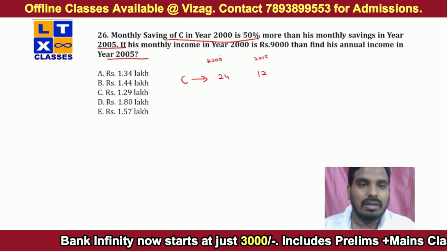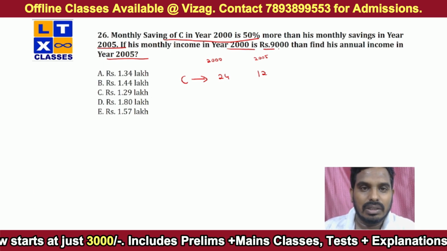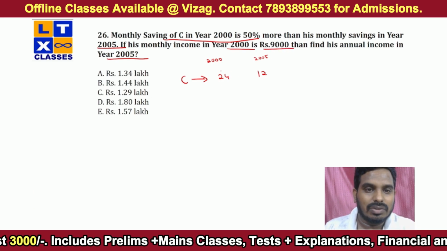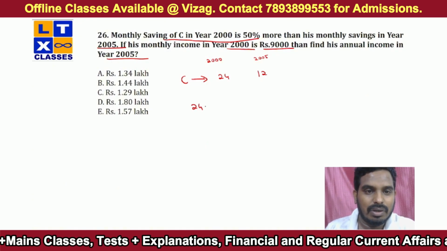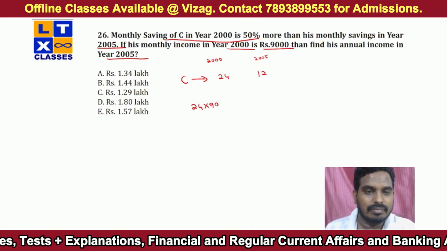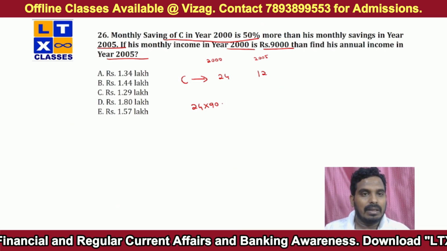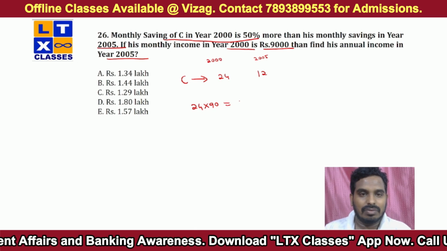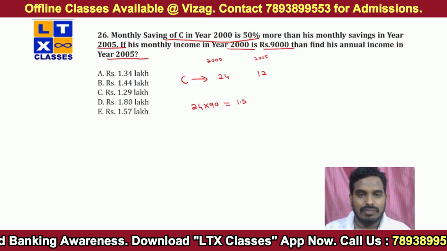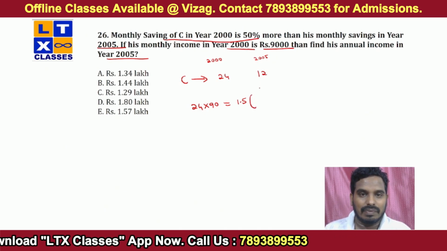Now, monthly income of year 2000 is 9,000, right? So savings would be 24%, which is 24 into 90, right? This is 24 into 90. Now, this is equal to 50% more, that is 1.5 of monthly savings in the year 2005, which is 12%.